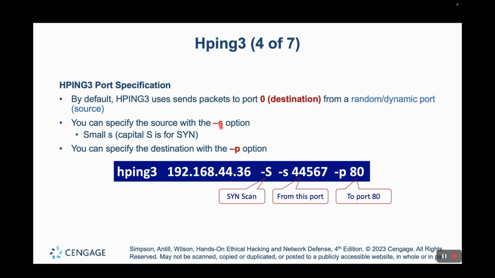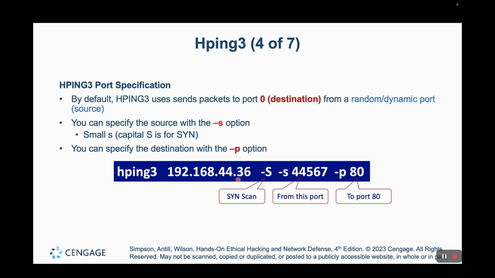And by the way, do not confuse the small s with the capital S. Capital S is for SYN, small s is for source. And then you could also specify the destination with the -p option. Look at this example here.